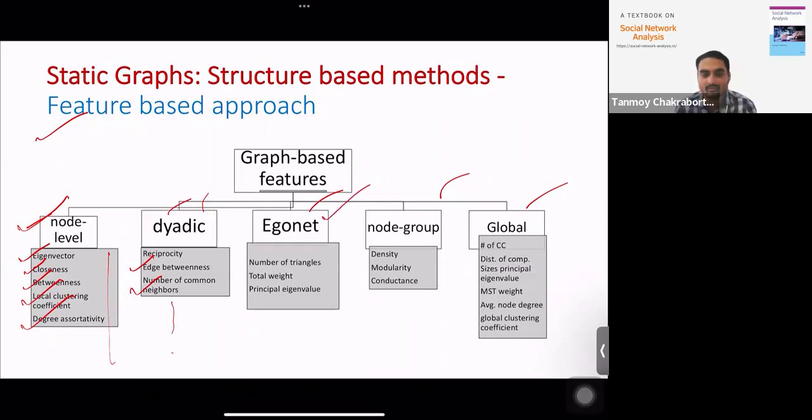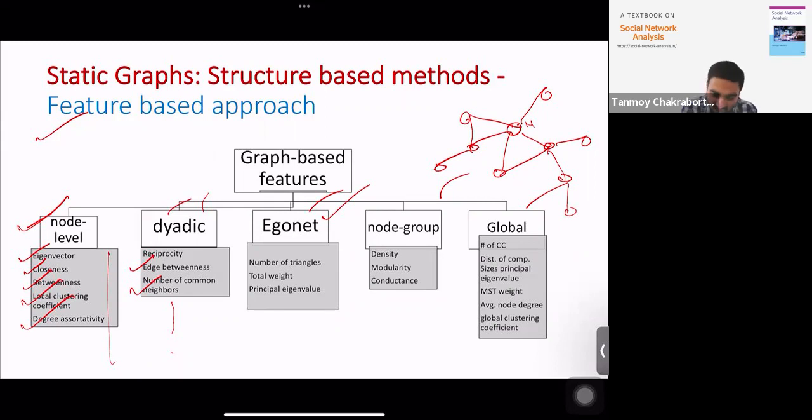EgoNet. The egocentric network is a very important structure that we consider in case of anomaly detection. I hope I have already discussed it, but let me quickly tell you what an EgoNet is. Let's assume that this is your graph, and this is you. An EgoNet is a small network of a particular node.